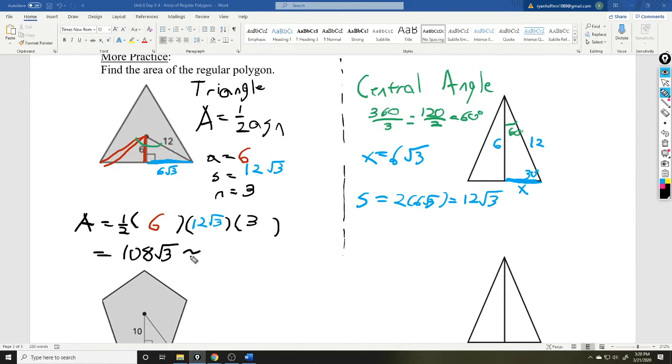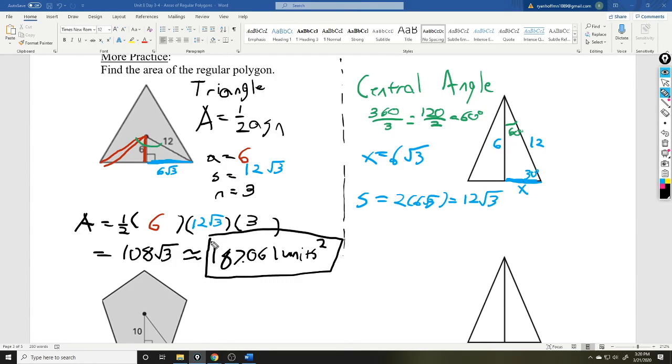But let's go ahead and get a rounded answer. The rounded answer will be 187.061. And remember, if it's an area, whatever units we have gets squared. 187.061 units squared for our final answer.